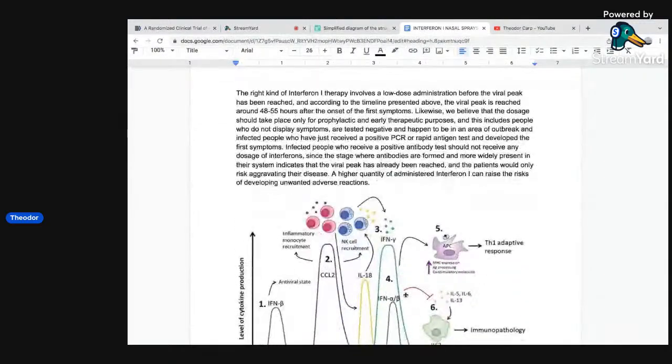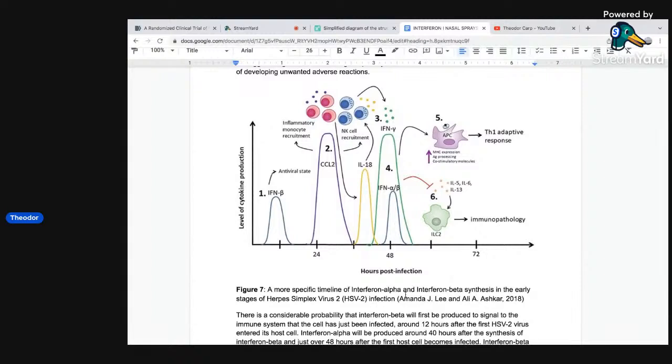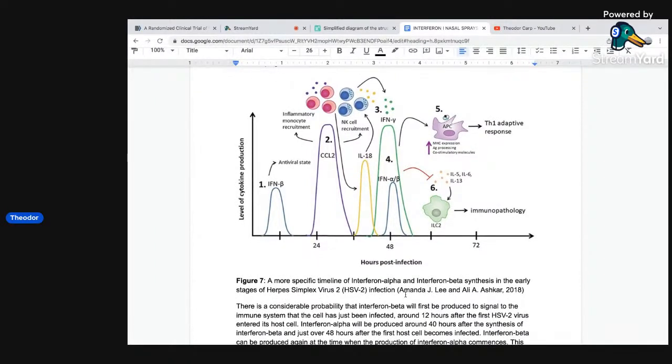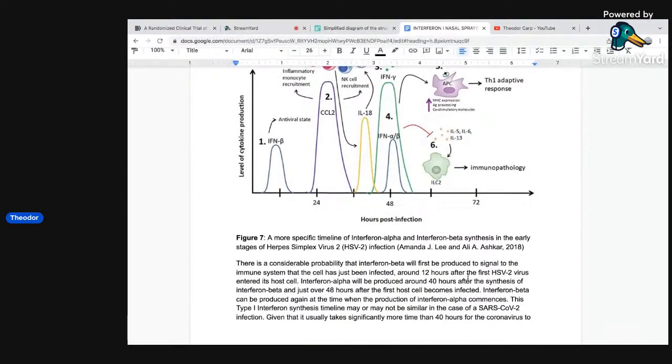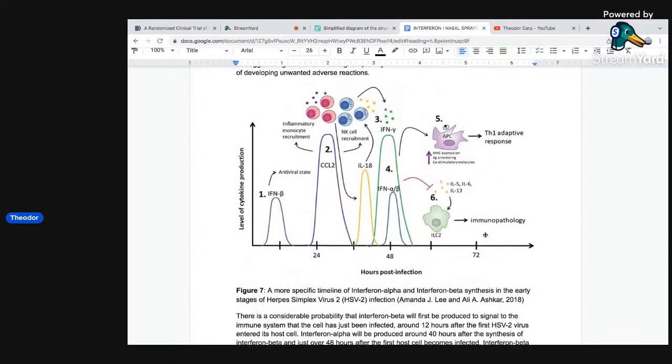So let's go here to specify a little bit about the timeline of the immunity. Here, in this case, you have an immune reaction against the HSV2 virus. So once it enters the host cell, you first have the interferon beta response.